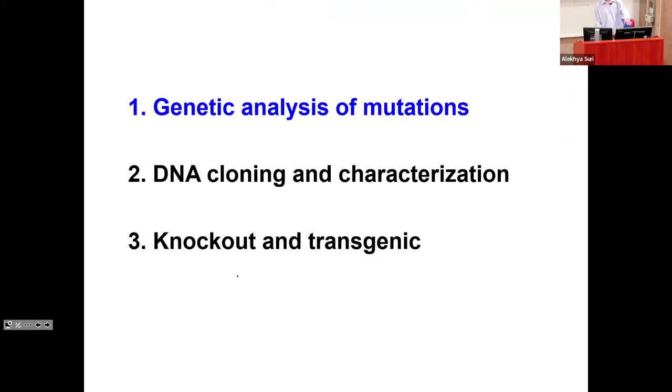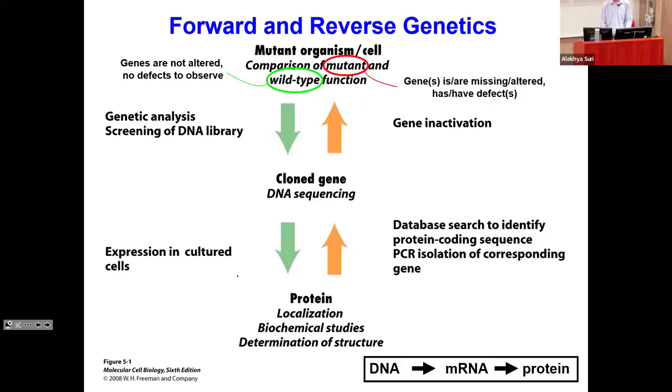So there are a couple of different chapters here. One would be that we start off with genetic analysis of mutations. So when we study genetics or cloning and those things, we would at the start have a mutant organism, mutant cells, mutant organisms.